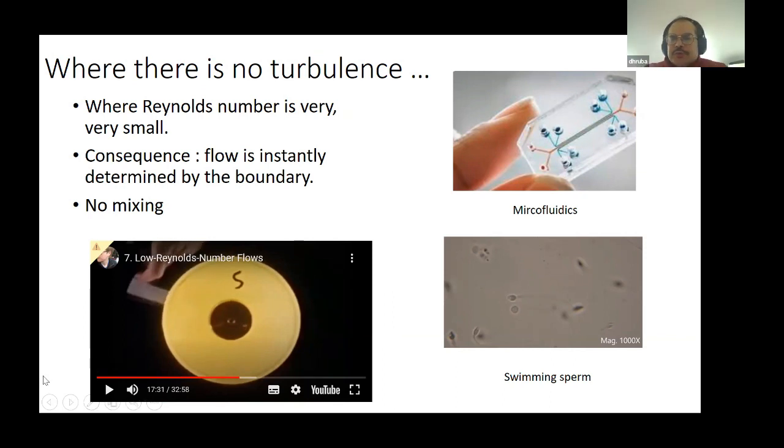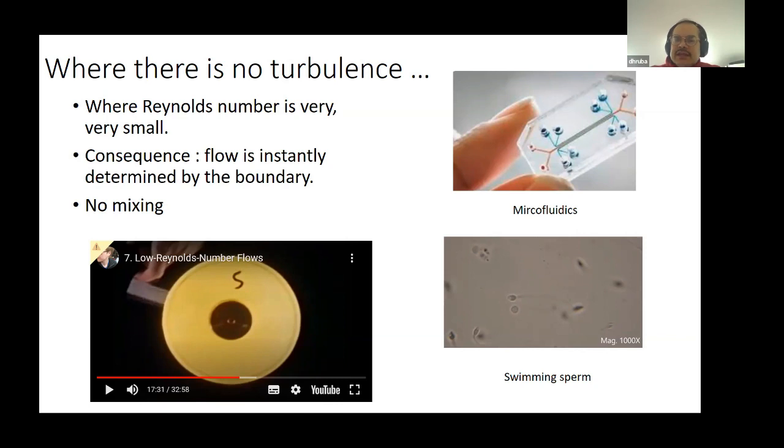Okay, so the main, well, if you can have G.I. Taylor speaking for you at any point, you should better use that. One of the main lessons from this is that if you drop the nonlinear term, you land up with the Stokes equation, and there everything is regular and nice, and there is no turbulence, there is no mixing.